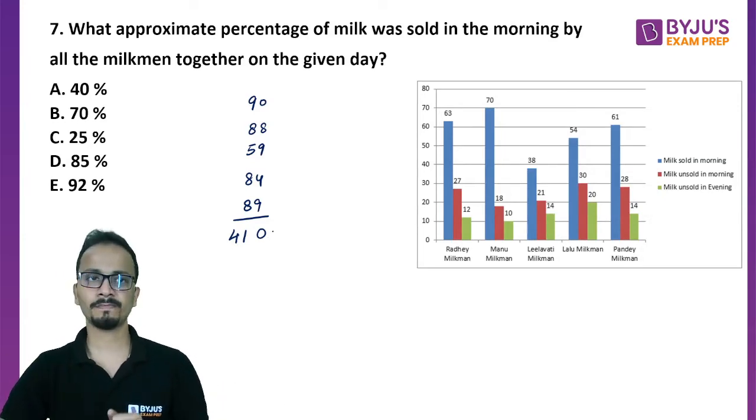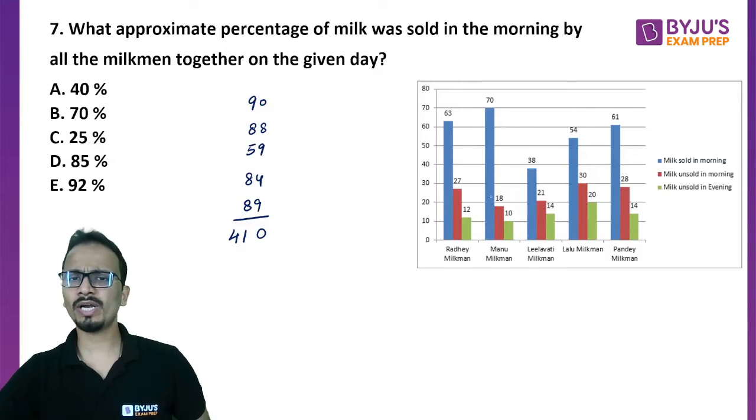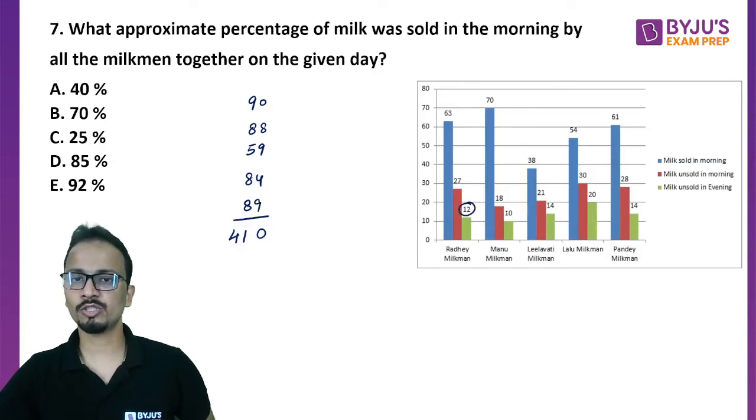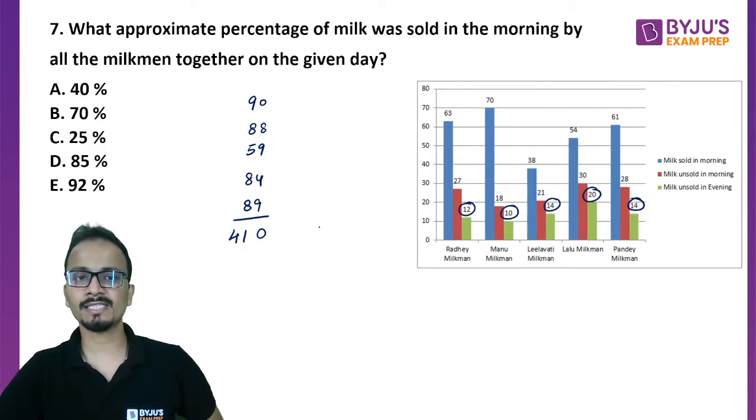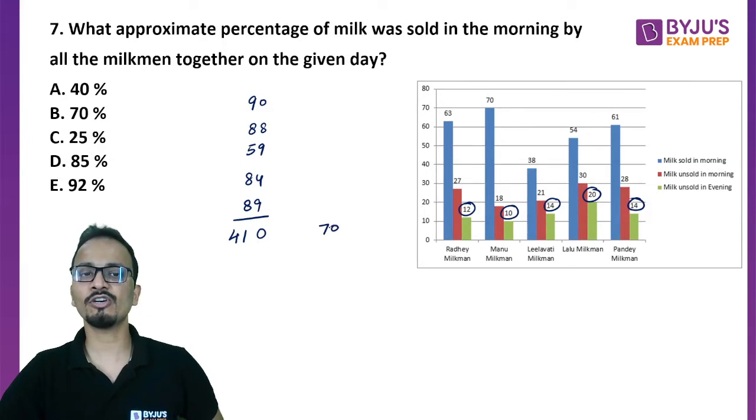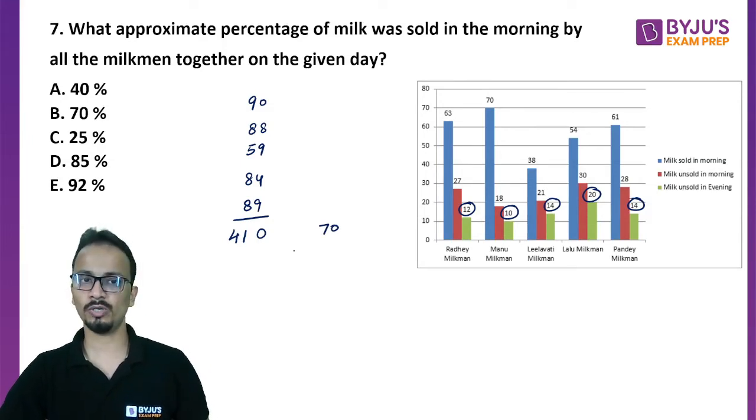Now we have to see what is the quantity which is unsold. So unsold, I'm just circling these values. Let's add all of them. So 12 and 10, 22, and 14, 36, 56 and 14. So that is 70. So 70 liters of milk is left unsold.